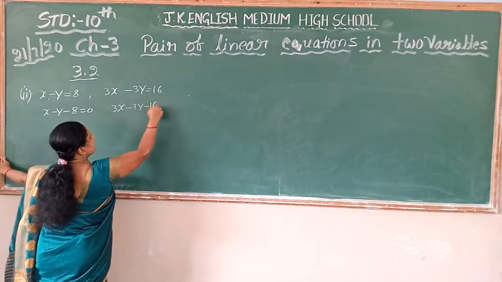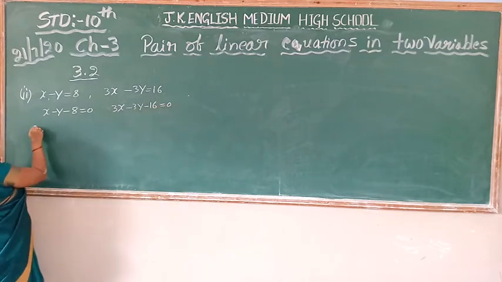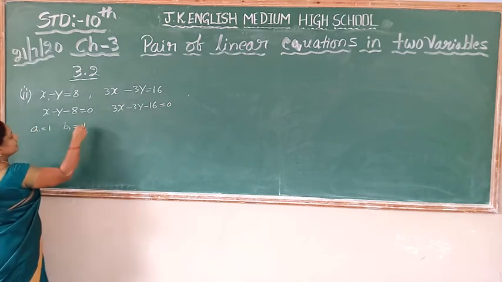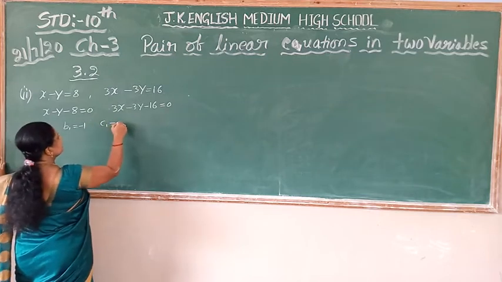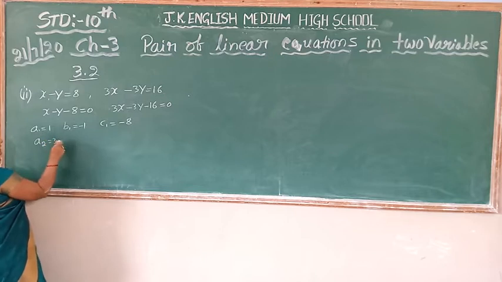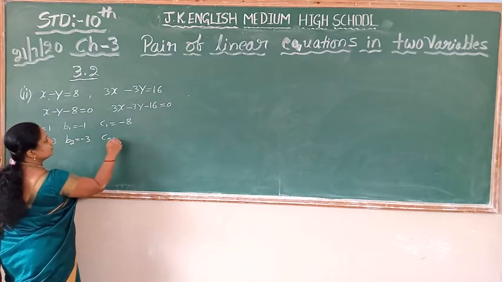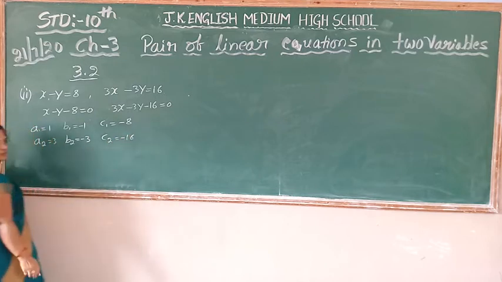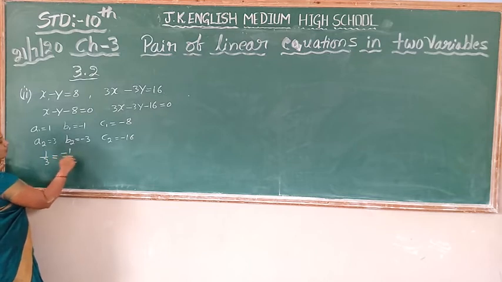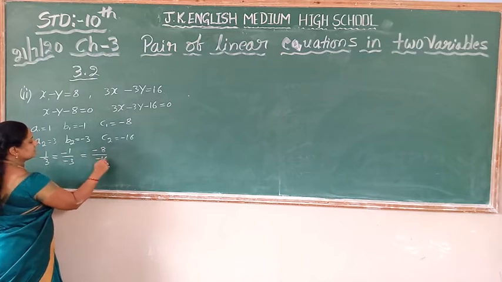If I write it this way, I write the coefficients: a1 is 1, b1 is minus 1, c1 is minus 8; a2 is 3, b2 is minus 3, c2 is minus 16. So find out the ratios now. 1 by 3 is equal to minus 1 by minus 3, and minus 8 divided by minus 16.